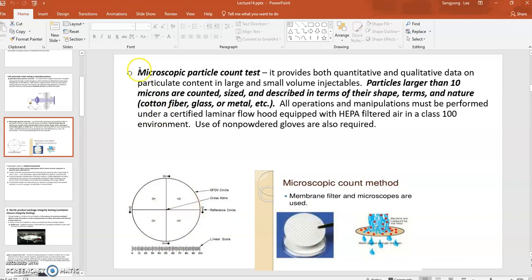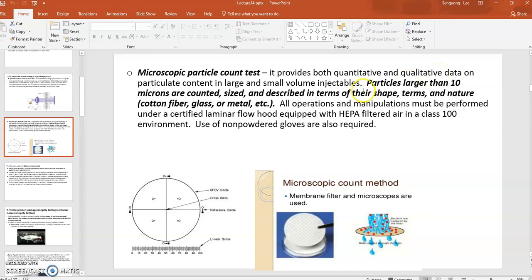We call it the microscopic particle count test. It provides both quantitative and qualitative information. What's the difference? Quantitative, you can count the number of particles you find. Qualitative, you can understand what kind of particles they are. Are they rubber pieces, solid matter, hairlines, or fibers? You can identify the nature of those.